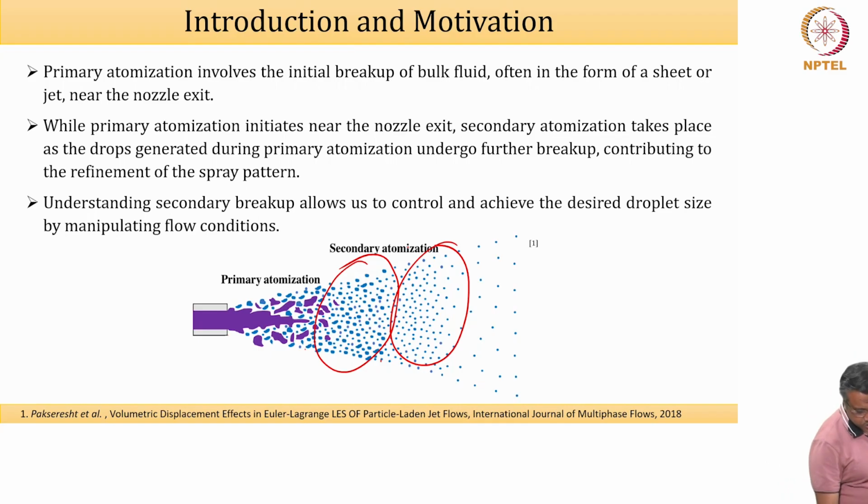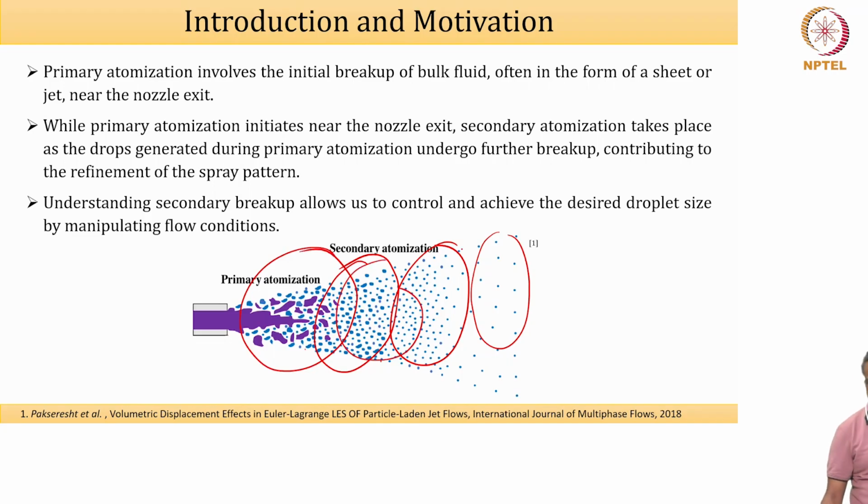These daughter droplets now break up into even smaller daughter droplets, and that is secondary atomization in a nutshell. So primary atomization will do this. Secondary atomization will take care of the rest. So it's like a mop up, right? You mop up the entire crime scene, so to say.